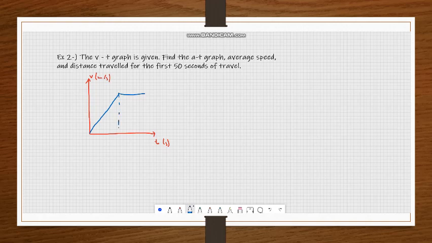So here is 30, here is 50 seconds, and here is 12 meters per second.